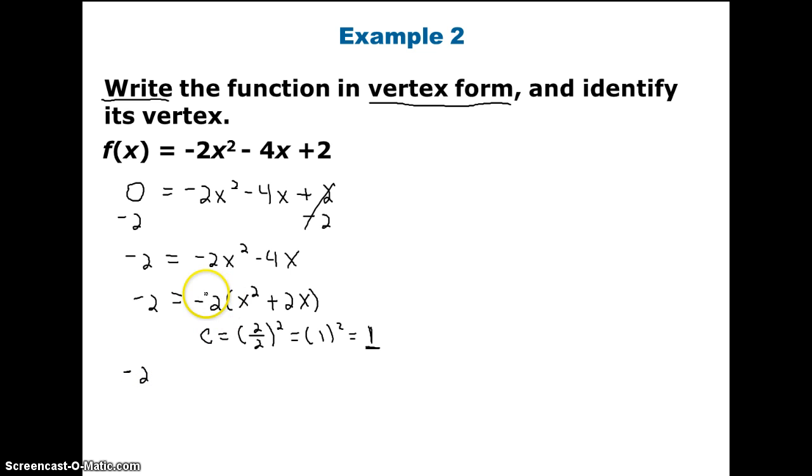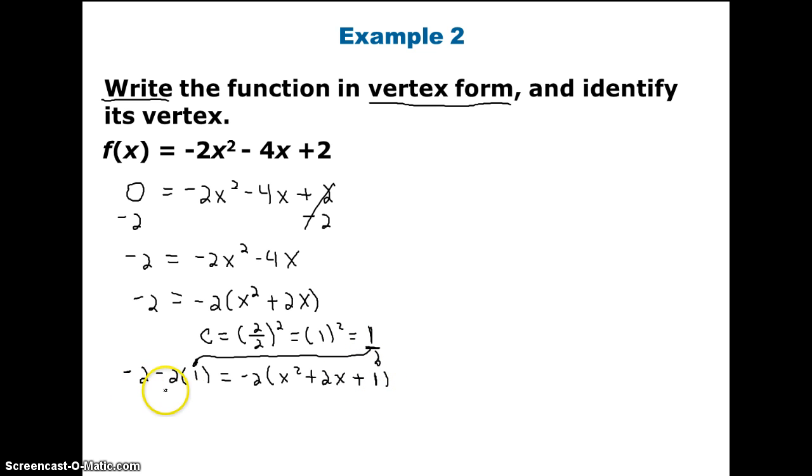Remember the number we factor out, you bring it down as well. So minus 2, and you multiply by the c value. That's the one we found to complete the square. On the other side, you bring down the negative 2, you have the x squared plus 2x, and you add the 1.